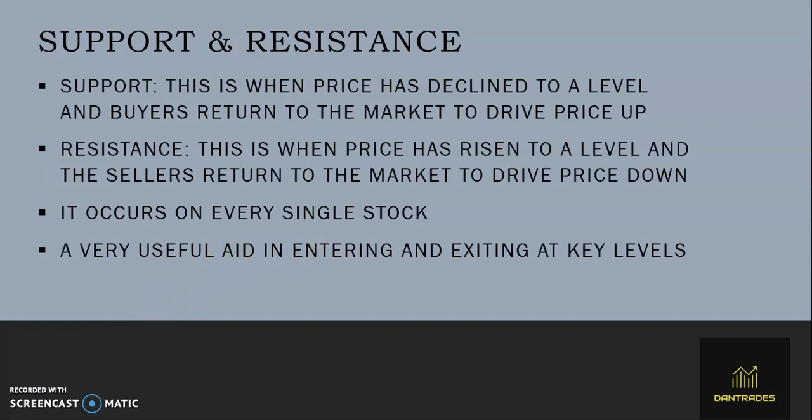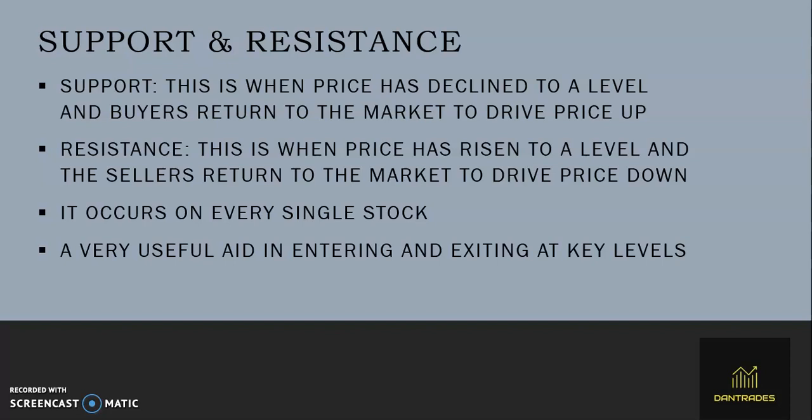Well, support is when a price has declined to a particular level where buyers will then return to the market as they believe that the stock price is cheap again, in a bid to drive price up to a new level, obviously to attempt to make a profit.